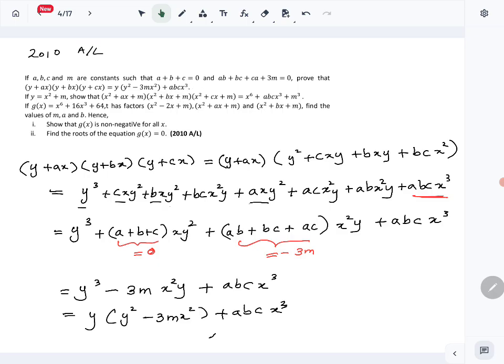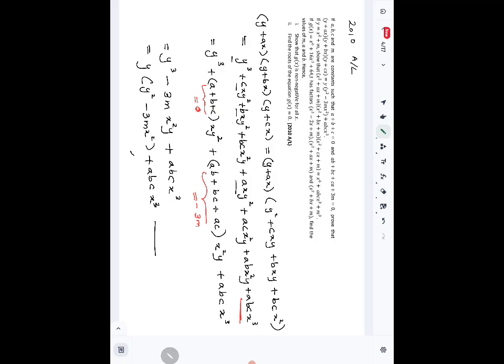Right, then what are they saying? Okay, if y is equal to x squared plus m, then show this. Right, so let's say this is equation 1.